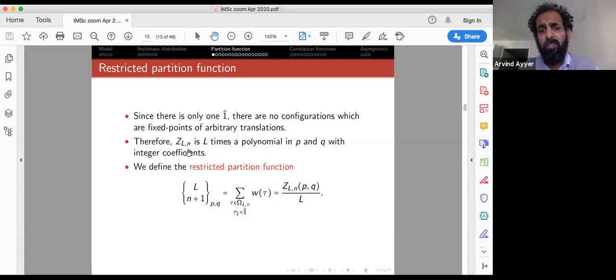So this partition function is going to be L times a polynomial in P and Q. That factor of L doesn't buy you anything. So one can just focus on configurations where the first site is a 1 hat and look at that sum. I'm going to call that the restricted partition function, and I'm going to denote it in this funny way.